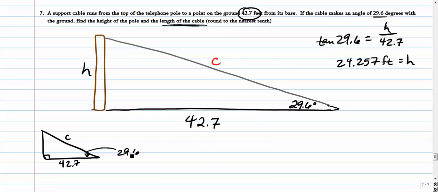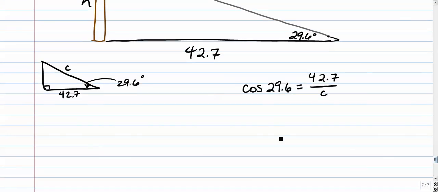And I'm looking at an angle, adjacent, and hypotenuse. That's a cosine problem. All right, cosine of an angle is equal to adjacent over hypotenuse.